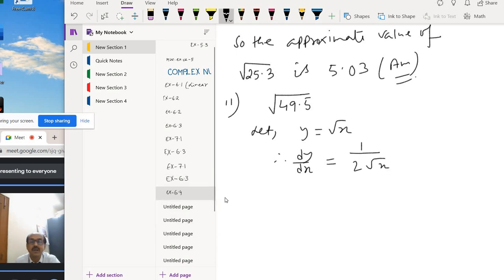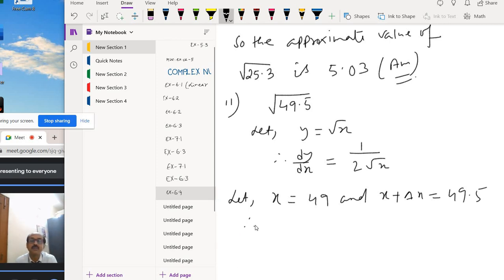Now let x equal to, what is x equal to? x equal to 49, and x plus delta x equal to 49.5.